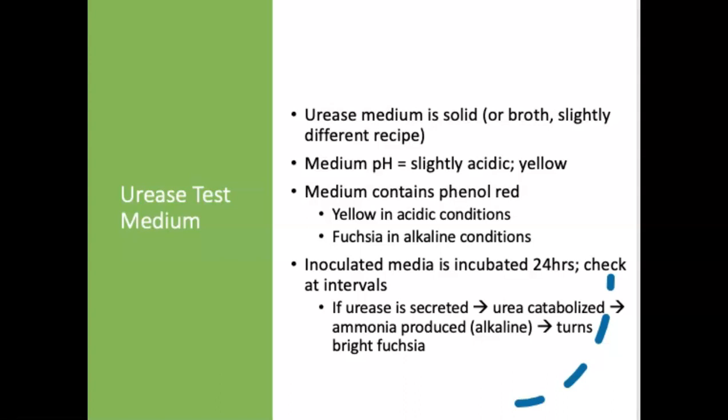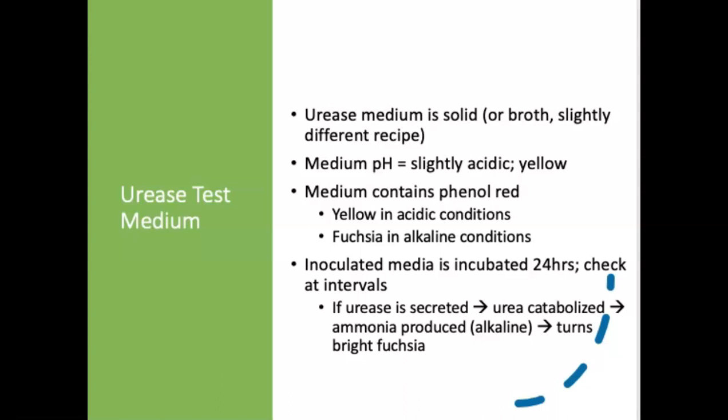Remember, phenol red starts off red and turns yellow in the presence of acid in a low pH. We saw it used, for example, in the carbohydrate fermentation medium. And when the organism fermented and produced an acid product, the tube turned yellow.